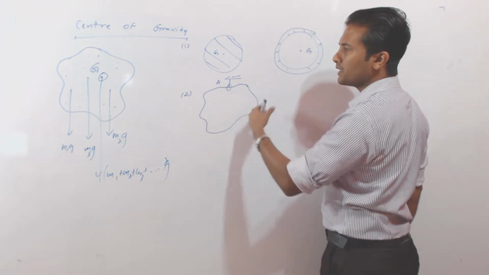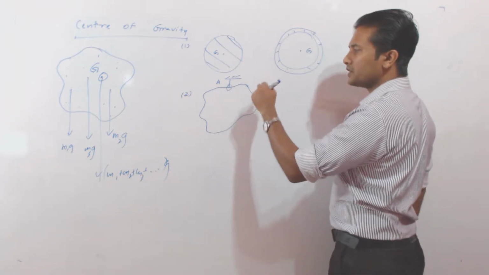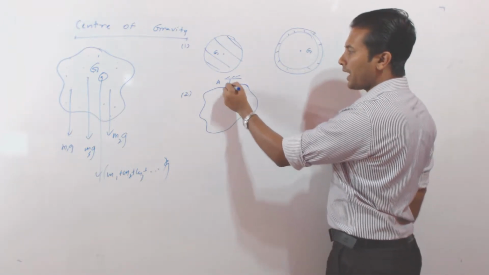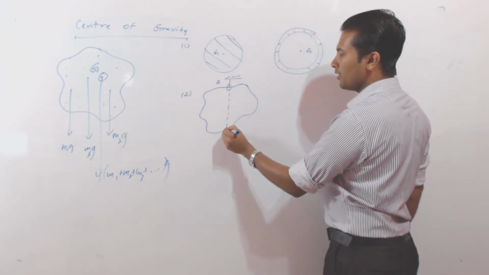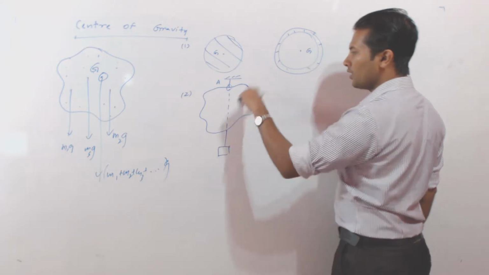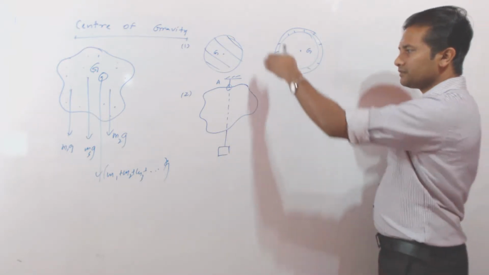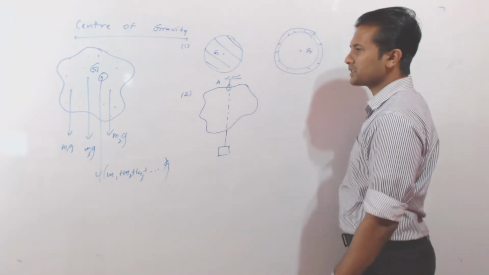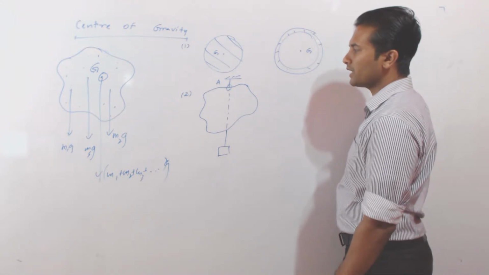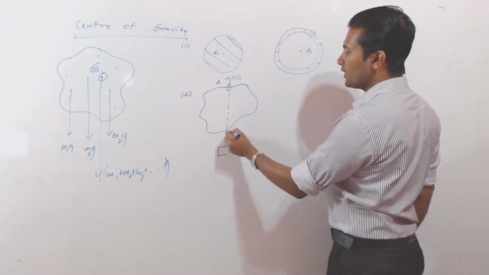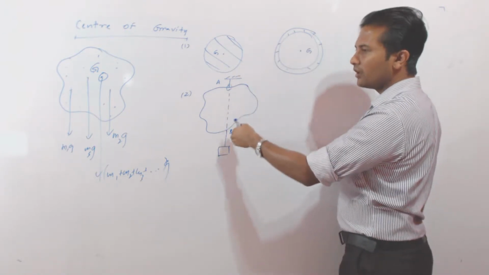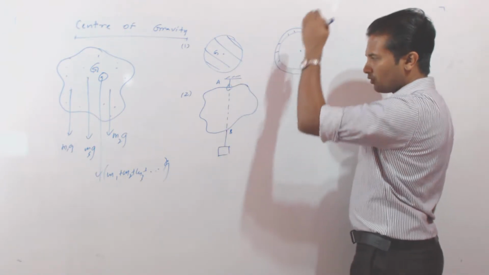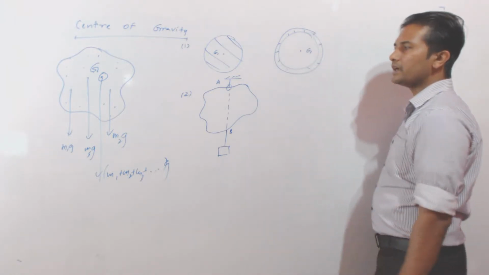For example, this is a non-symmetric object which is hung by point A, and using a marker pen we mark the vertical axis. So we can conclude the center of gravity should be in between or along the AB direction.